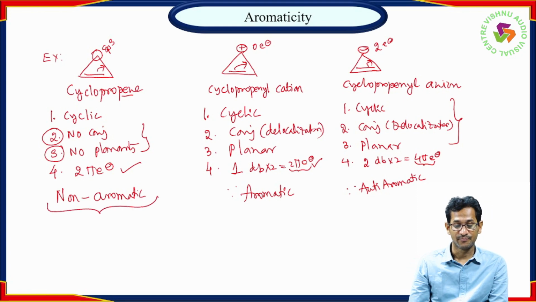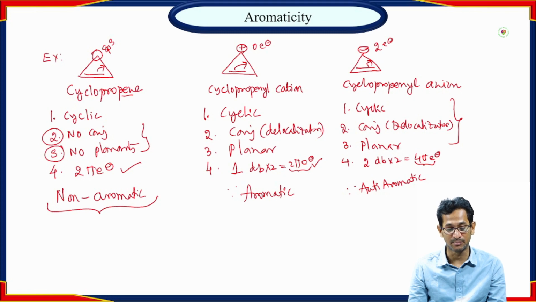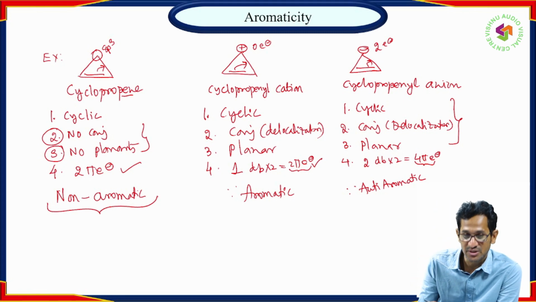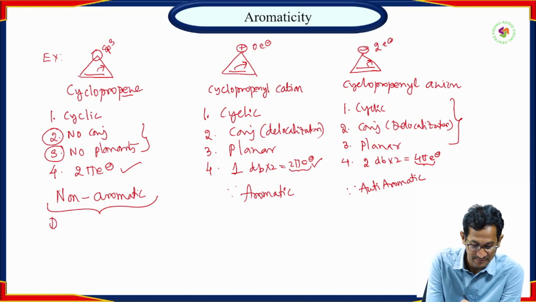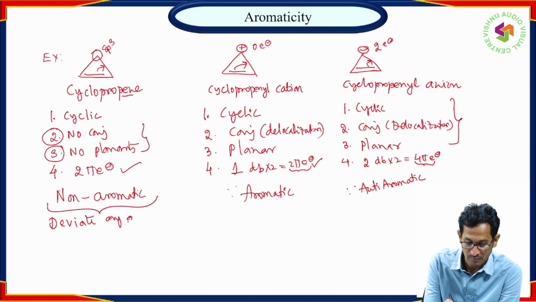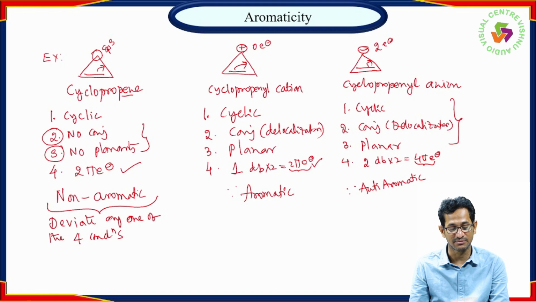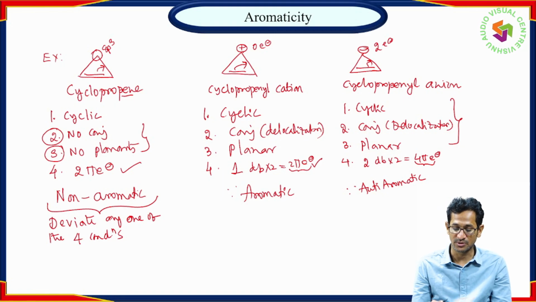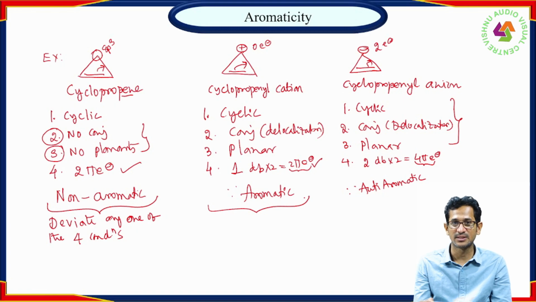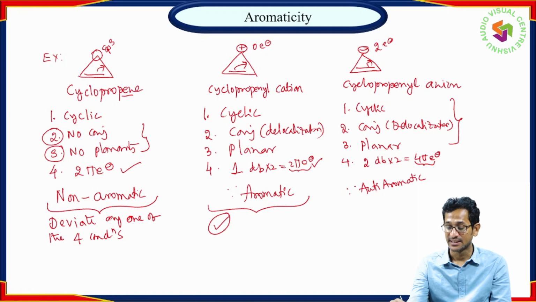Now, we will define what is a non-aromatic compound. The compound which fails or deviates from any one of the four conditions, such compounds can be classified as non-aromatic compounds. Aromatic compounds are those which satisfy all the conditions, including the Huckel number.